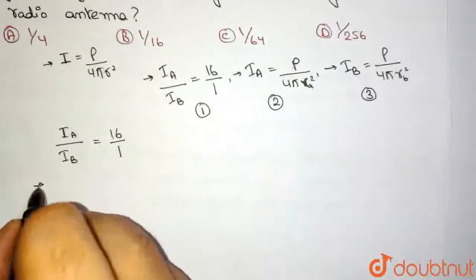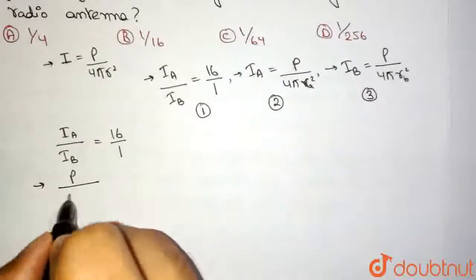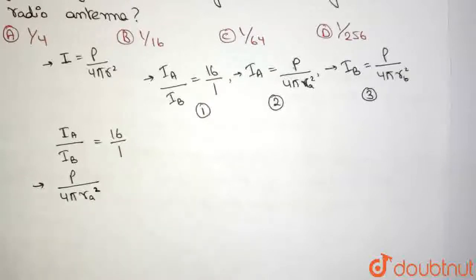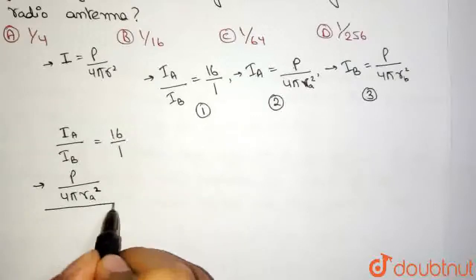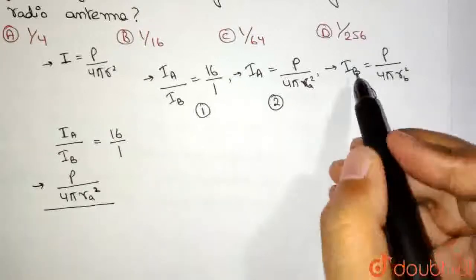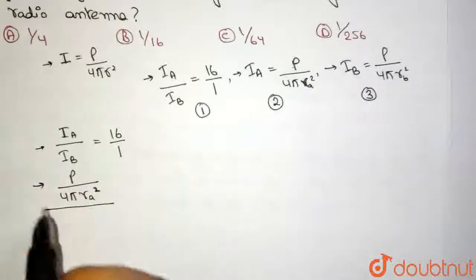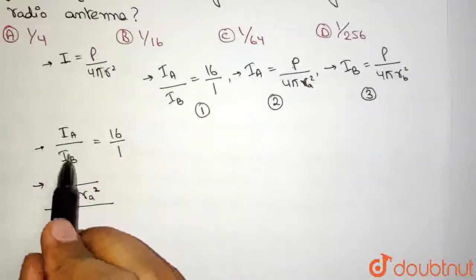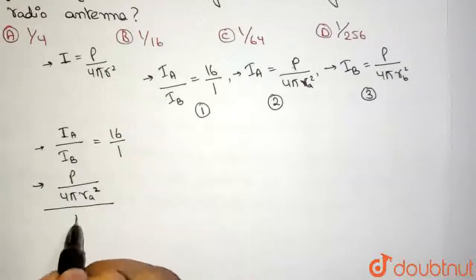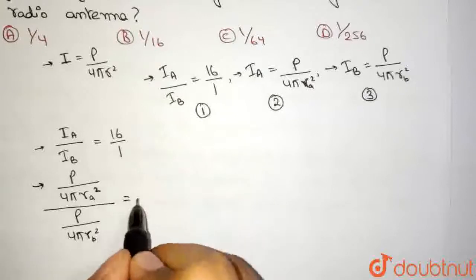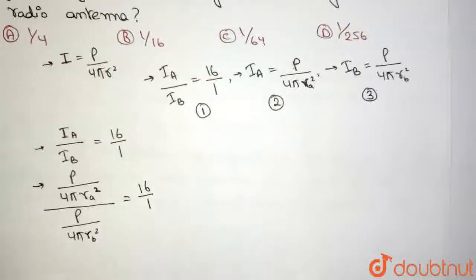So we can write this as P upon 4 pi RA square, right? And this entire term is divided by the value of IB, right? IB. So I can say this as, replacing this IB as P upon 4 pi rB square, and this value was equal to 16 upon 1.